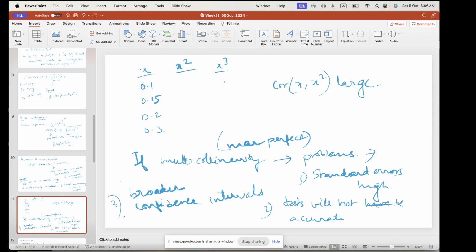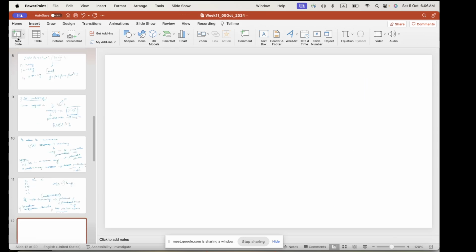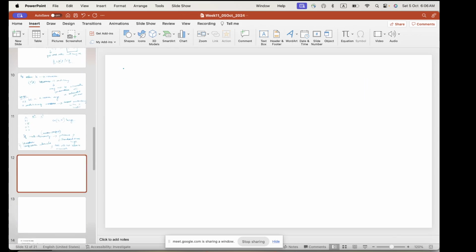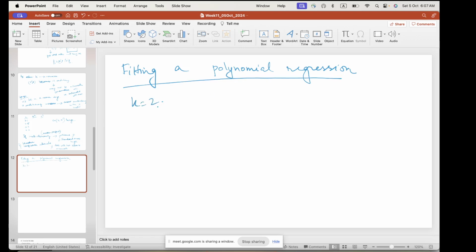fine. Now another consideration that we have is, let's say, while fitting a polynomial, let's say first we decide k to be equal to 2.